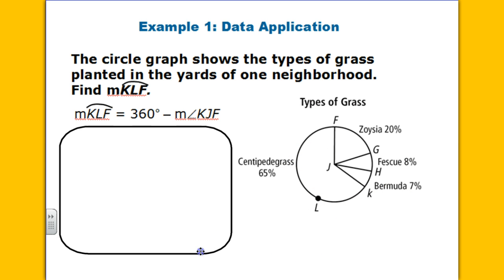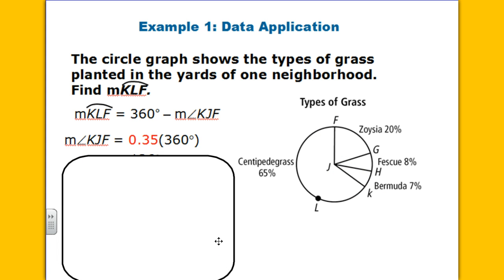So we could say that the measure of KLF would be 360 minus the measure of KJF, this minor arc, or this central angle, right? And so we could find that by adding 20%, 8%, and 7%, we get 35%.